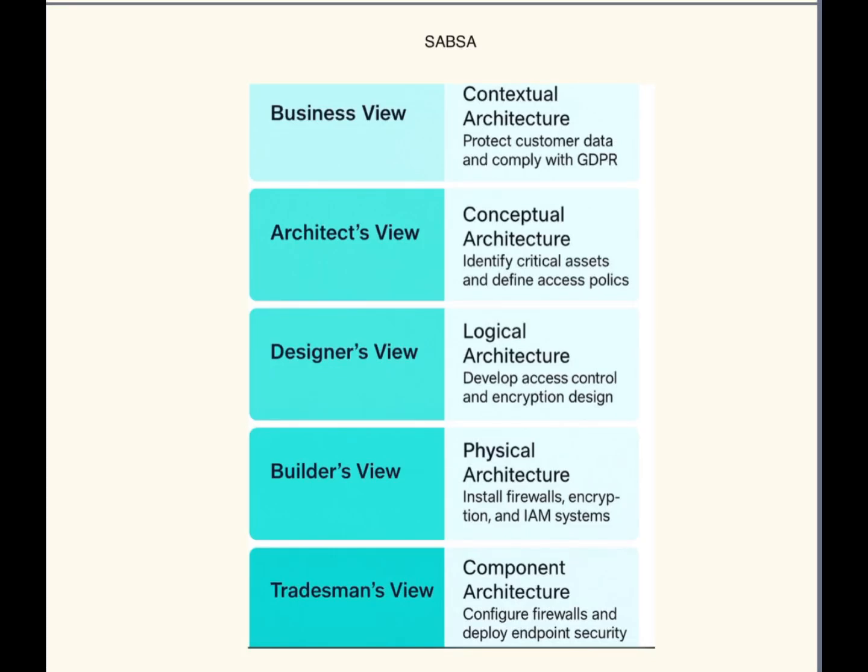In this session, we will mainly focus on SABSA. SABSA is a layered model which aligns security architecture with business needs. In this image, you can clearly see each row shows a different perspective, from strategic to operational, across different stakeholders.